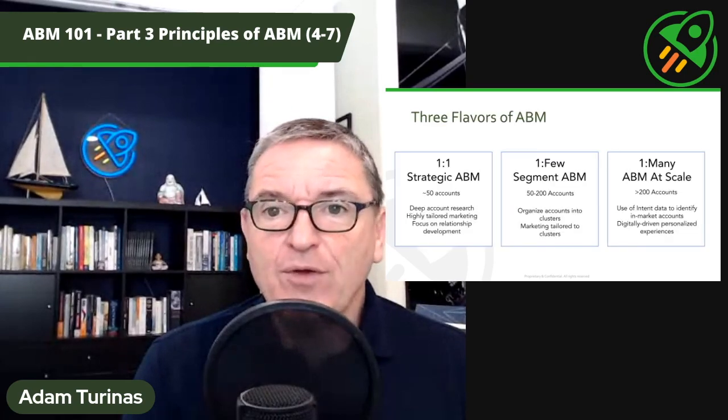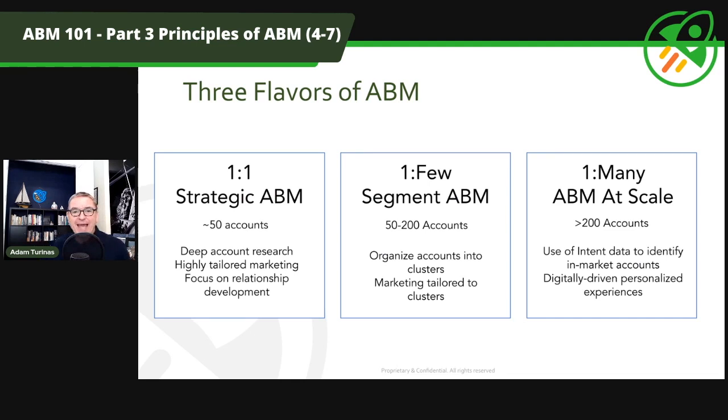So, as I mentioned, there are 3 flavors of ABM. They are known as one-to-one ABM, or some people call it strategic ABM, or even enterprise ABM. The notion of one-to-one is about focusing your marketing on a really small set of accounts, less than 50.